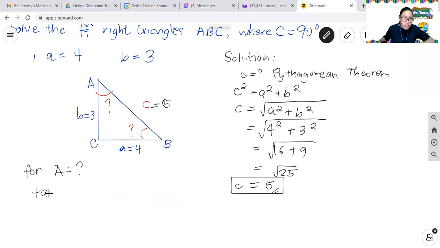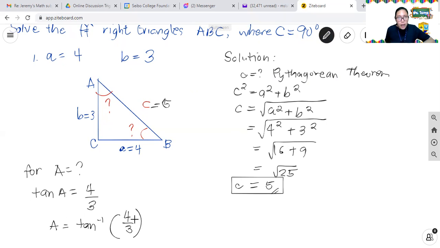So we will have tangent A is equal to 4 over 3. To find the angle, we need to find the inverse of the value. So it's like dividing the whole equation by tangent. However, if we express it in negative exponent, it will become negative 1. So A is equal to inverse tangent 4 over 3.